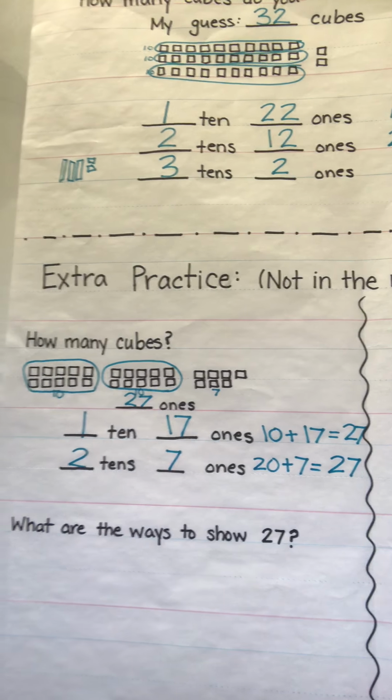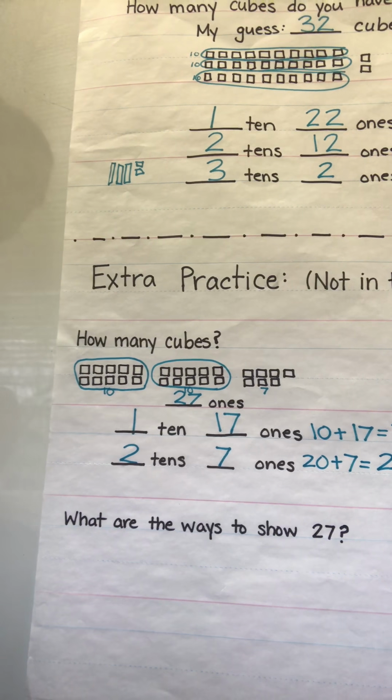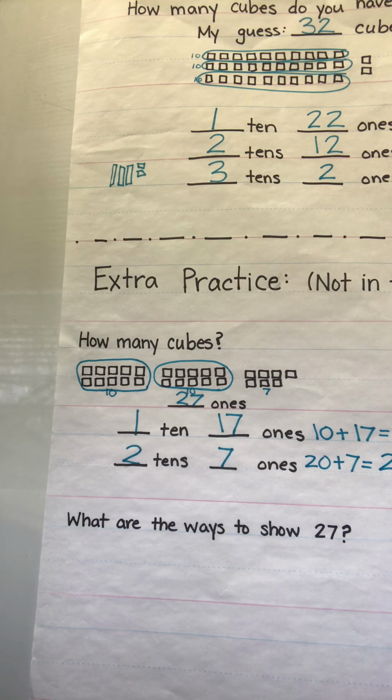So all we're doing is breaking this down. So one of your questions asked, what are the ways to show 27?